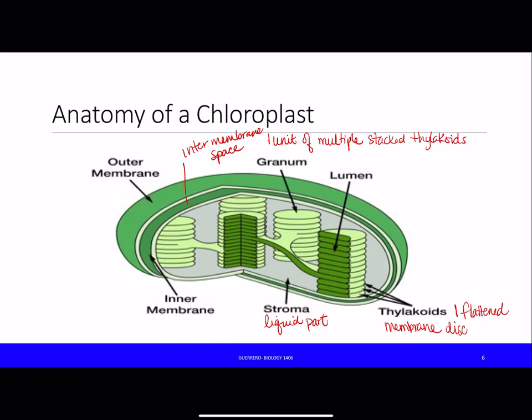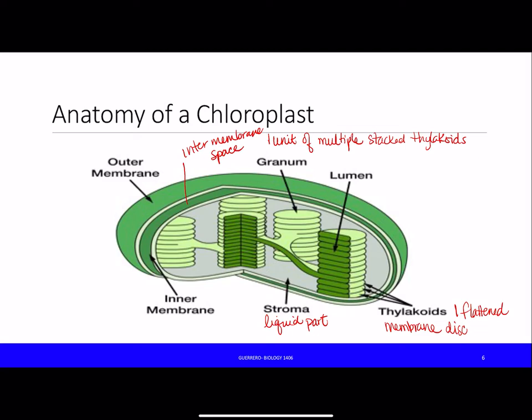Now, when I talk about having sets of granum, I use the word grana. So this would be 1, 2, 3, 4, 5 grana. We use the term grana when it's more than one set of stacks.